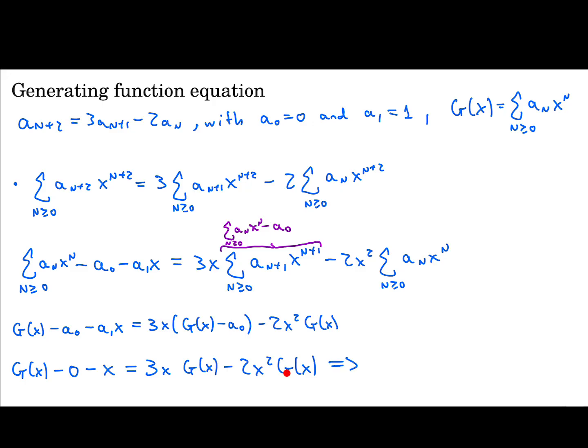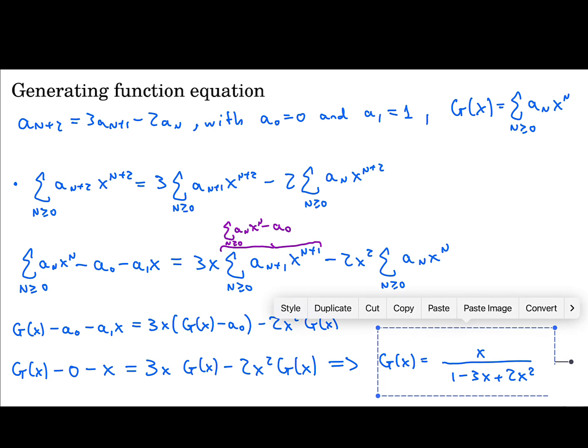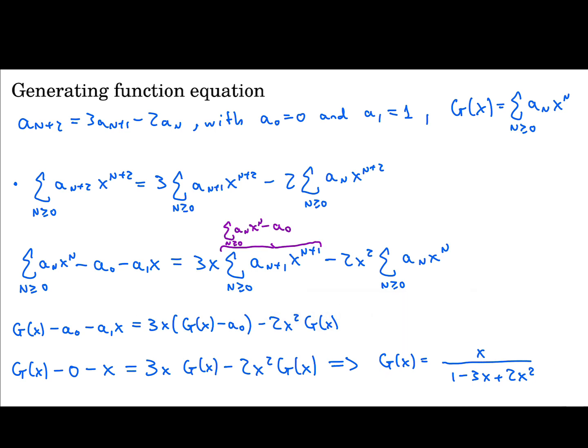So isolate the g of x, throw everything to the other side, and what you will obtain is that g of x is equal to x over 1 minus 3x plus 2x squared. So with this, we found the generating function for our sequence. The sequence given by this recursion with these initial conditions has this generating function over here.